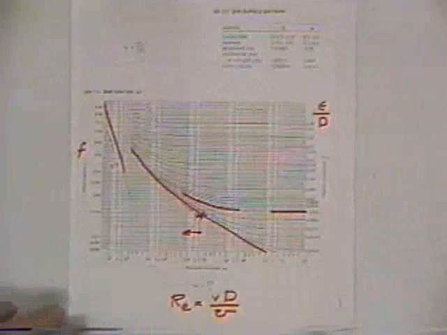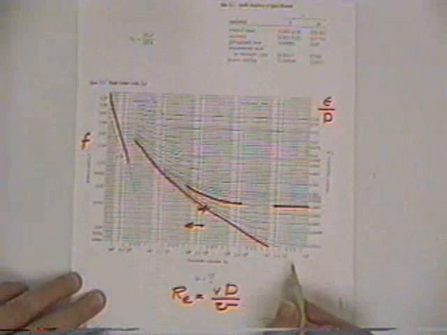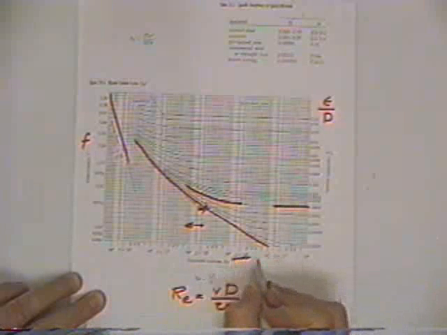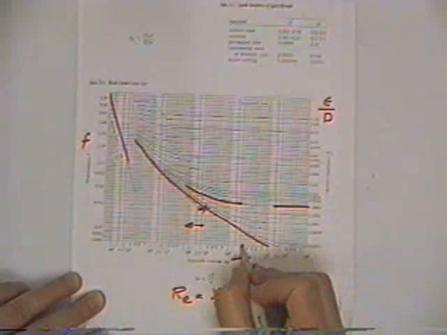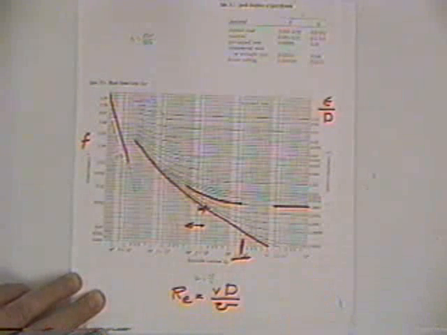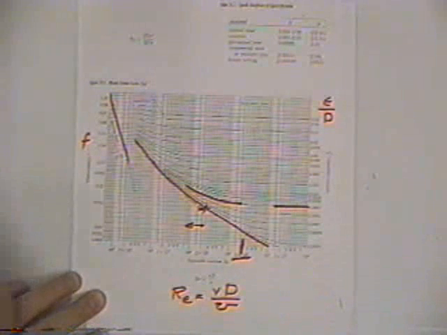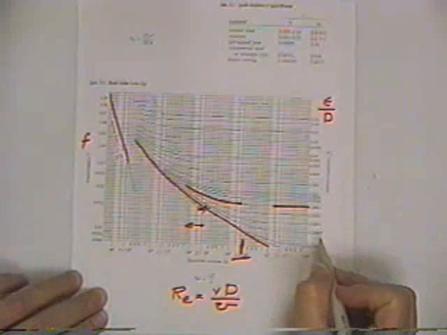And so we go back to our Moody diagram, and we've got a Reynolds number on the horizontal bottom scale here. Ours is times 10 to the 6th, so it's going to be over here, and it's 2.09, so it's going to be right in here someplace. And then we've got a relative roughness of .0017, two zeros.